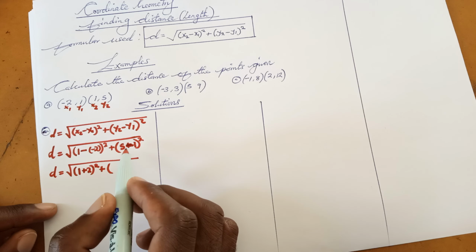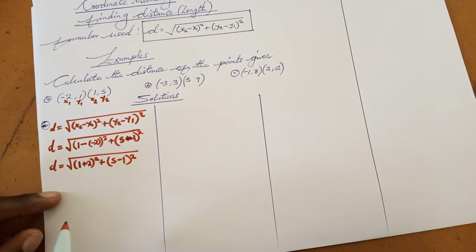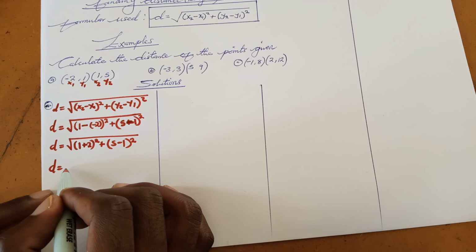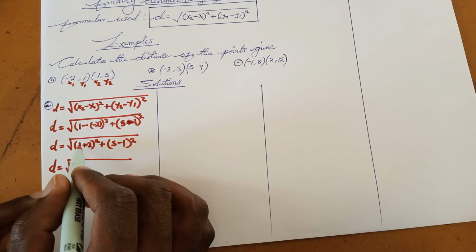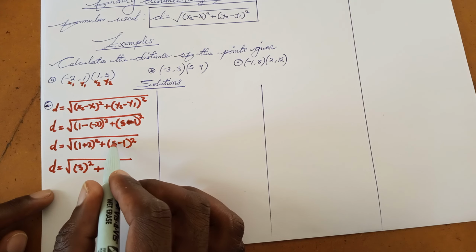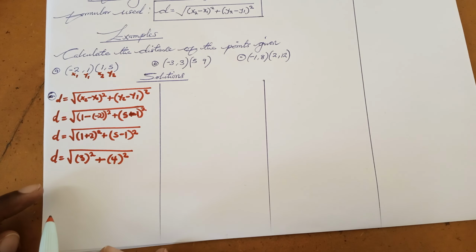This is plus, then we say 5 minus 1 squared. Okay, hope that you're following. So our d will be equal to the square root of 1 plus 2, it gives us 3 squared, plus, from 5 you take away 1, you have 4 squared.